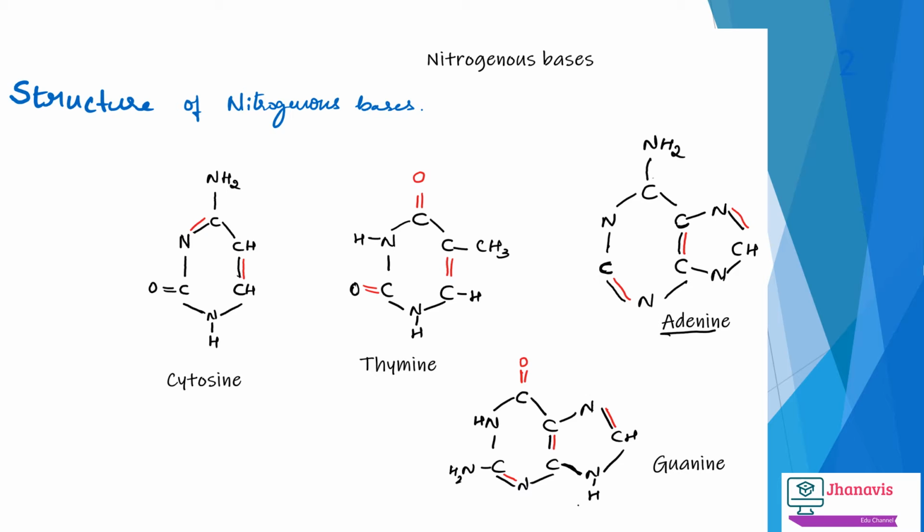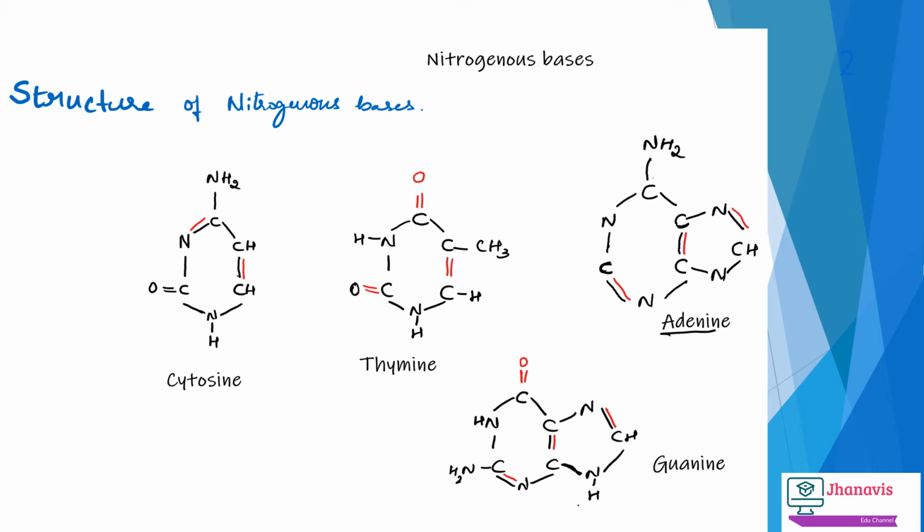And you all know the basics of chemistry. Any element to form a bond with another one has to complete its valency. Mainly carbon has to satisfy its valency, and nitrogen has to satisfy its valency.